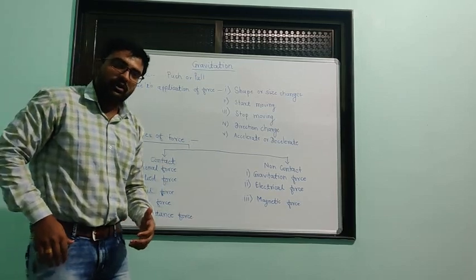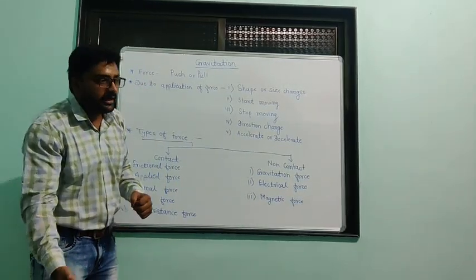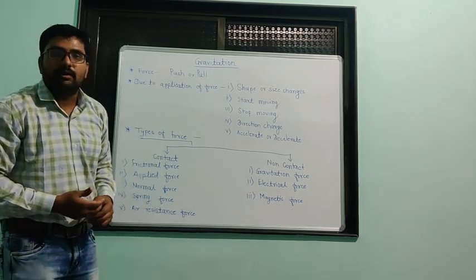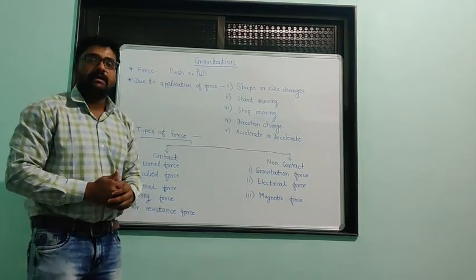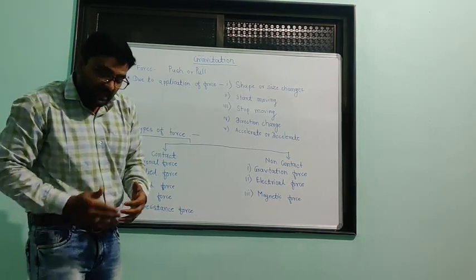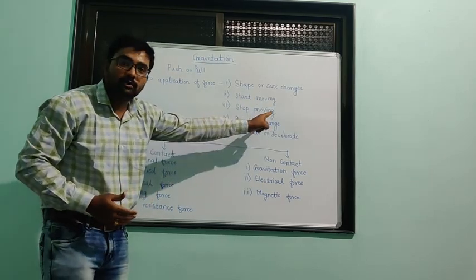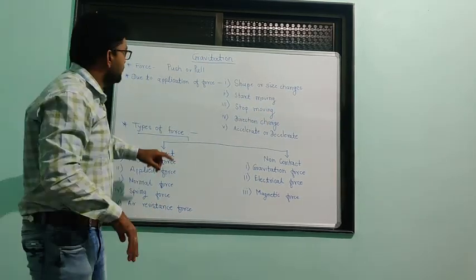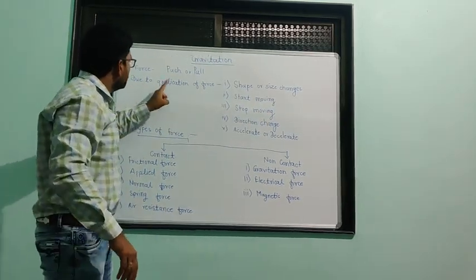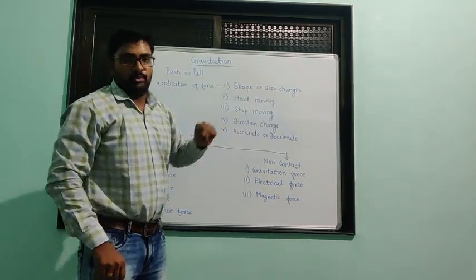Kicking means I apply some force on that football, and that is why it gains velocity. Initially that football is at rest, but by the application of external force, it starts moving. From this example, we understood that due to the application of force, an object starts moving.